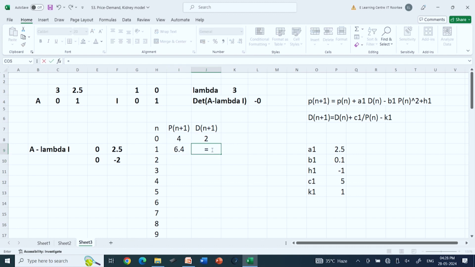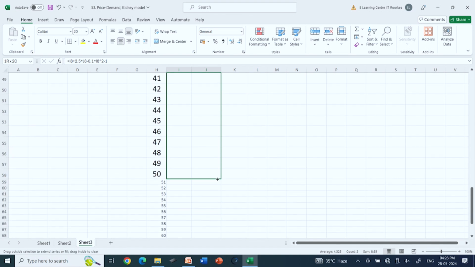And this is equal to d(n), which is this value, plus c1, which is 5, divided by P(n), which is this. Let us put this in a bracket, minus k1, which is 1. Now let's drag this value up to 50.